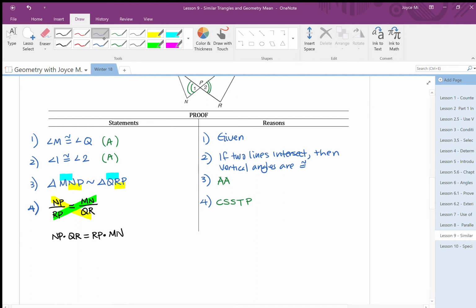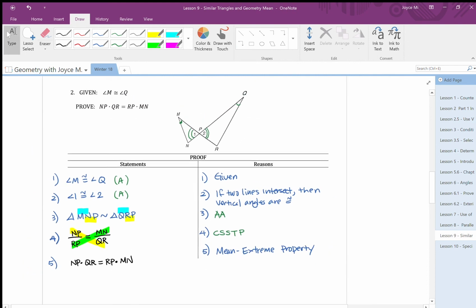Okay, that's number 5. When we cross multiply, in this class we learned this is called the means-extremes property. Basically, the product of the means is equal to the product of the extremes. So this completes the proof for this question.